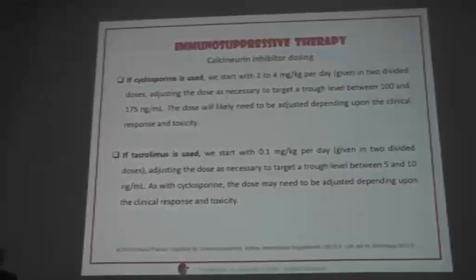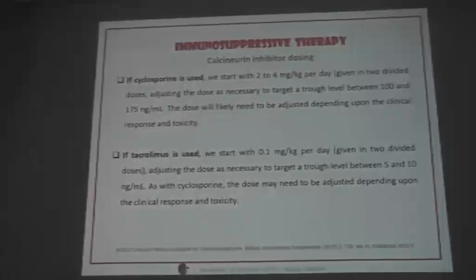Similarly, if cyclosporin is used, according to KDIGO you start with 2 to 4 milligram per day, given in 2 divided doses, with a cyclosporin trough level between 100 and 170 nanogram per ml.